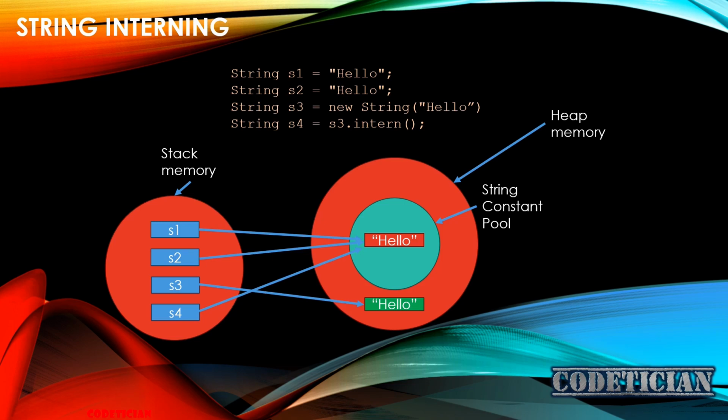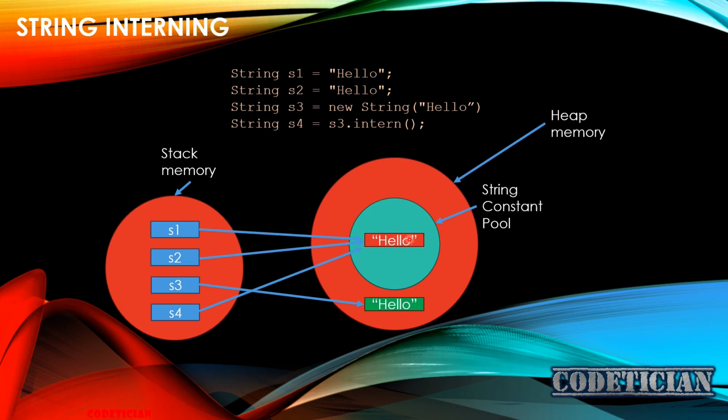It will check, with this value, do I have any reference in the string constant pool? So s3 has the value hello, and when you apply the intern method on this s3 object, it will check whether I have any reference of hello in the string constant pool. If it has, then it will return that reference to this variable. So s4 will now point to this hello which is present in the string constant pool.